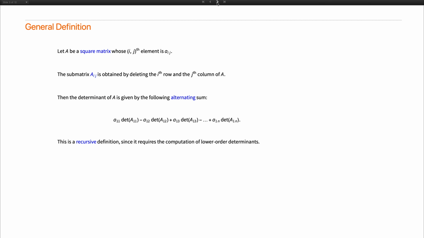Let's begin with a general definition of determinants. Say you have a square matrix A, and all our matrices are square, and the ijth element of the matrix is a_ij.